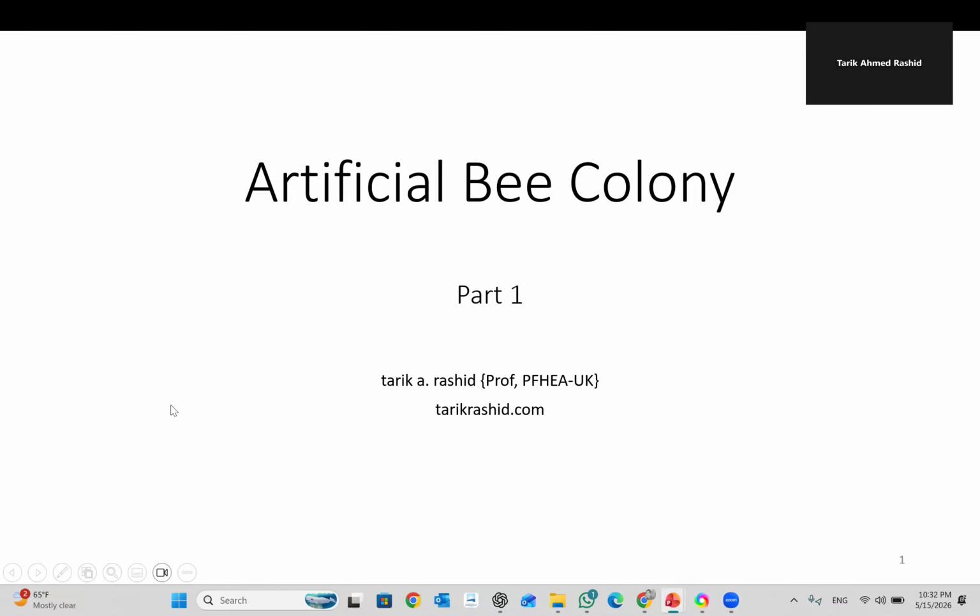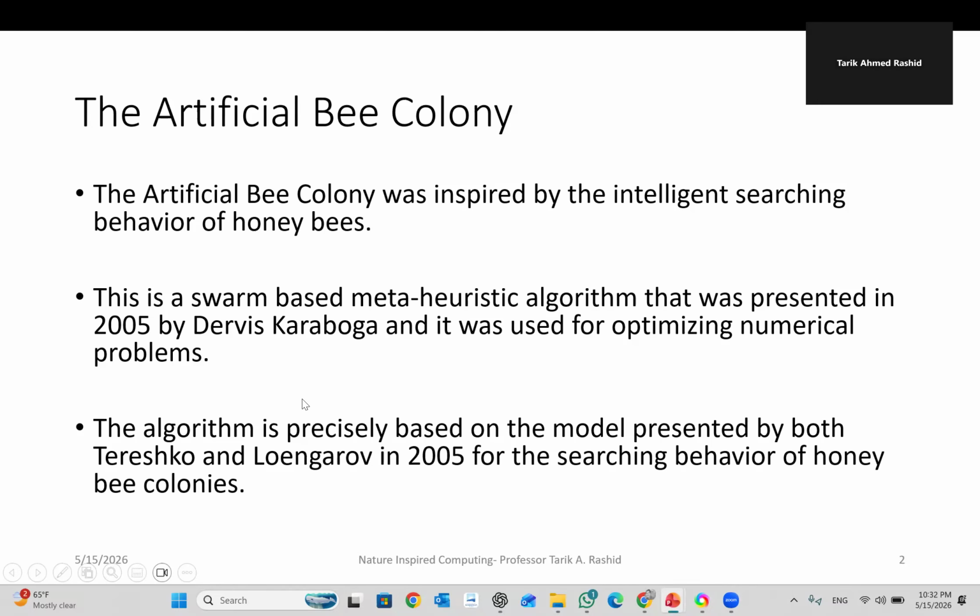Artificial bee colony, or ABC, was inspired by the intelligent searching behavior of honeybees. This is a swarm-based metaheuristic algorithm, presented by Dervis Karaboga in 2005, and it was used for optimization problems.